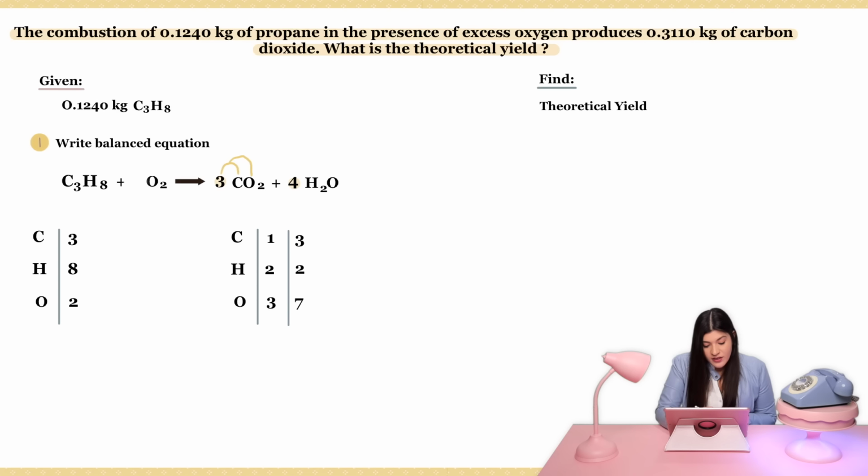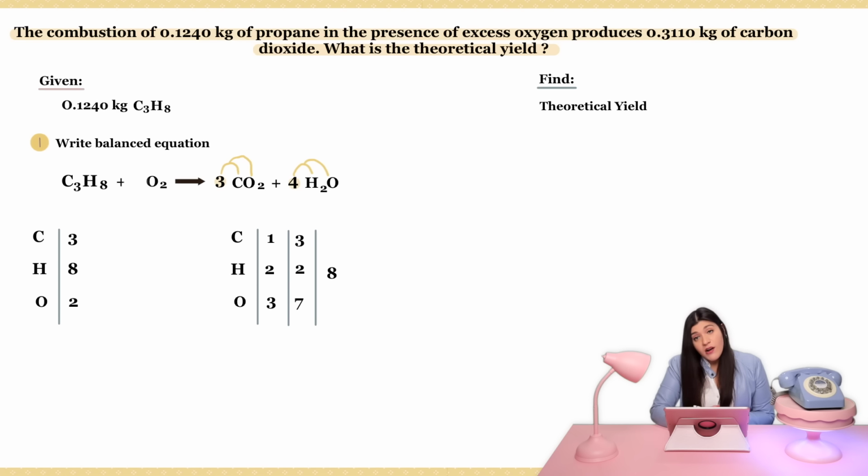Once again, I'm distributing this, so 4 times 2 gives me 8. So now I change my amount of hydrogen, so that's 8. And then the amount of oxygen will also change. So we have 4 here, plus the additional 6 here. So 6 plus 4 is 10. So I have 10 oxygens, and nothing changed with carbon. I didn't change this number, so that's going to remain the same as 3.